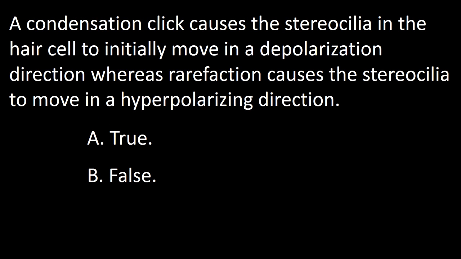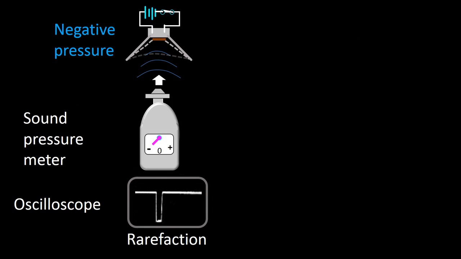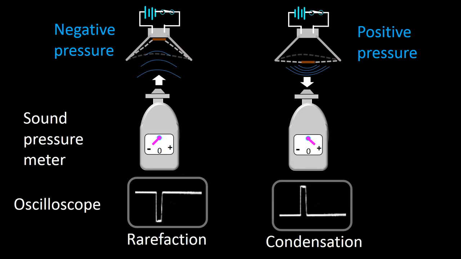Next question. A condensation click causes the stereocilia in the hair cells to initially move in a depolarizing direction, whereas rarefaction causes the stereocilia to move in a hyperpolarizing direction. A true, B false. As you know, changes in click polarity can produce rarefaction or condensation.